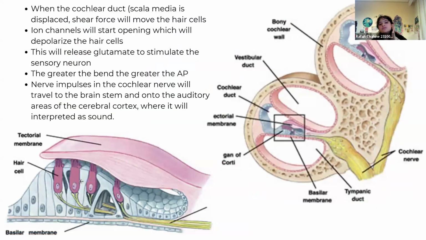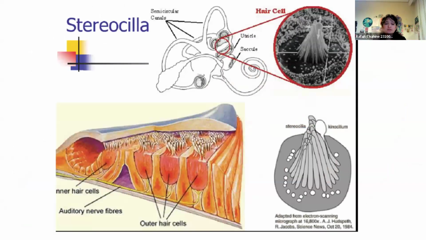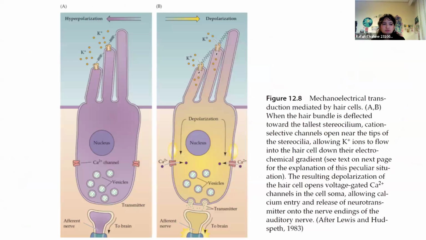Now, if they move towards the kinocilia, we said we're going to open the tip links, causing potassium channels to open, causing a potassium influx, which will depolarize the cell. That will open the calcium channels, which will cause vesicles to release neurotransmitters such as glutamate, and that will go to the cochlear nerve. In the case where they move away from the kinocilia, none of that is going to happen.